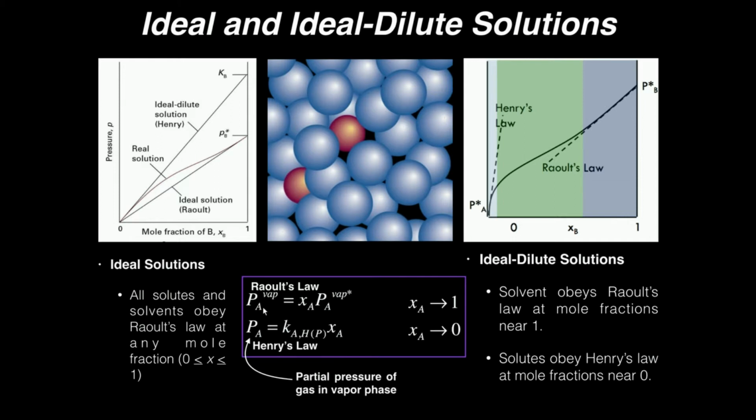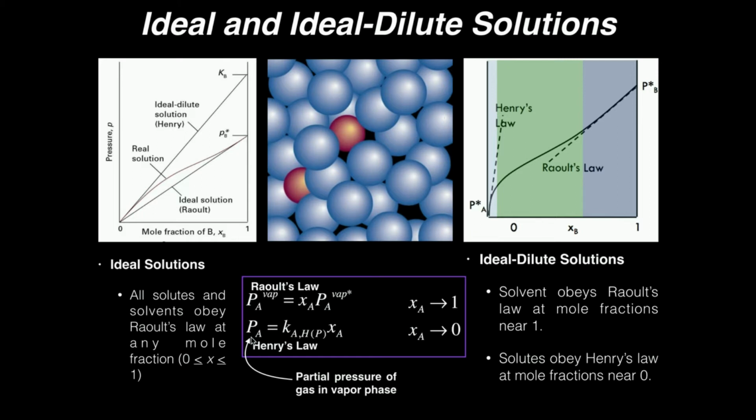All right. Henry's law. What does Henry's law say? Henry's law says that the partial pressure of a gas in the vapor phase. Now, what does that mean? This P sub A in the context of Henry's law means the vapor pressure exerted by some component of the solution. So if we've got our mixture of ethanol and water, let's suppose we're defining A as being ethanol.